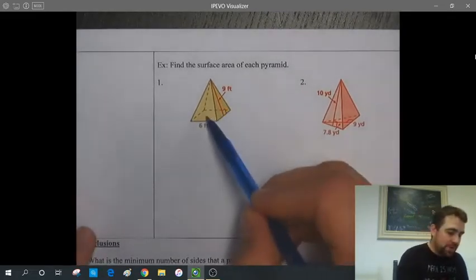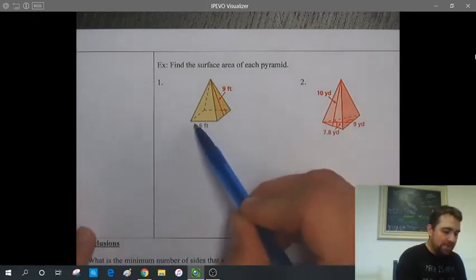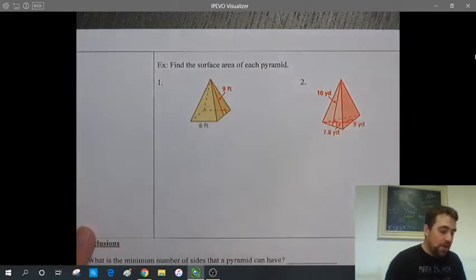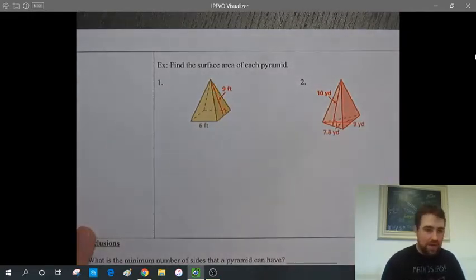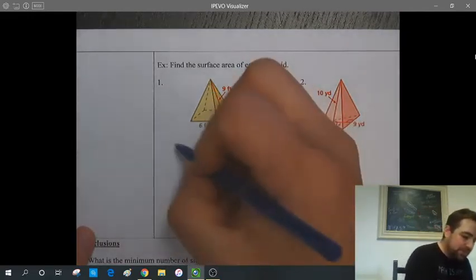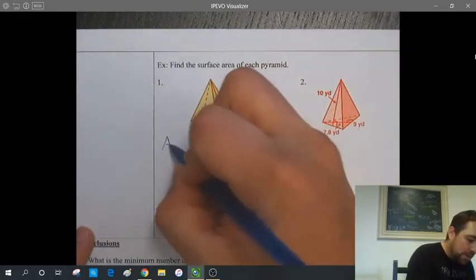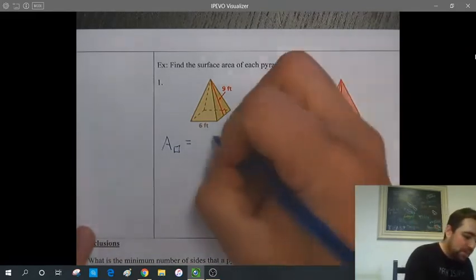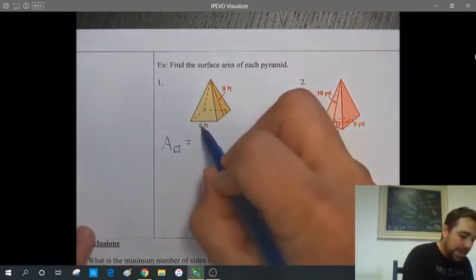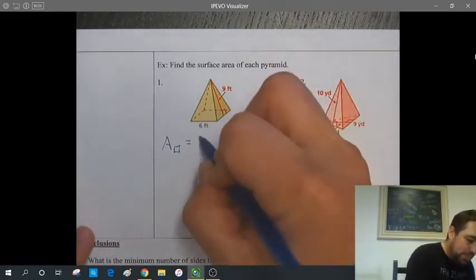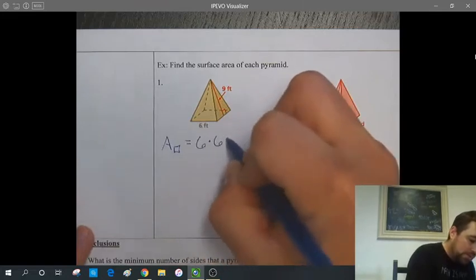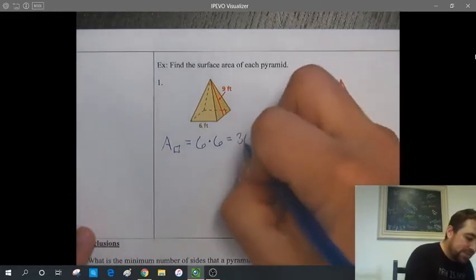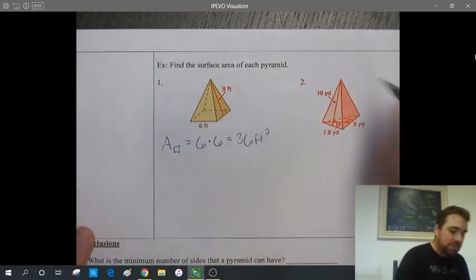Okay, so in this one, once again, we have a square base. And because of a square base, we're going to have 4 lateral faces, those triangular lateral faces. So if I start with the area of the square first, well, it's got a length and width of 6. So just length times width for that. And so 6 times 6 gives us 36 feet squared there.